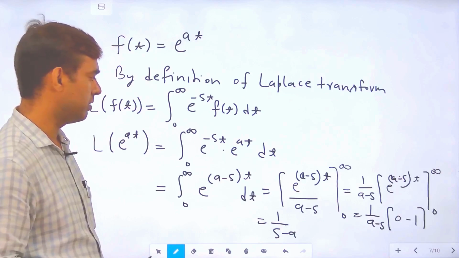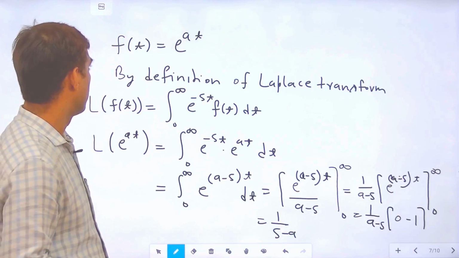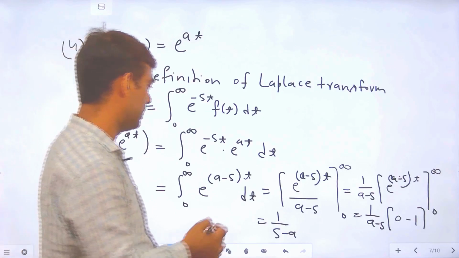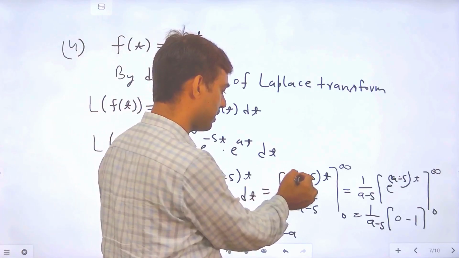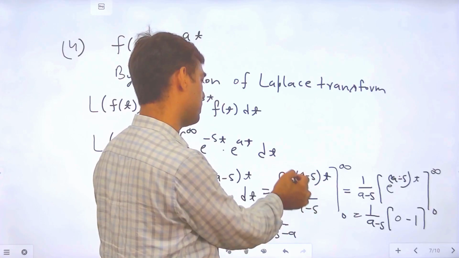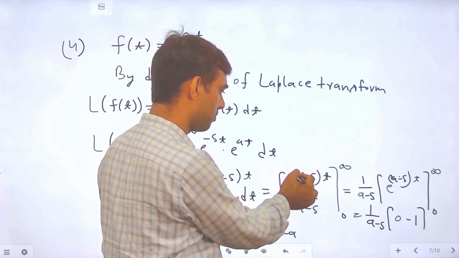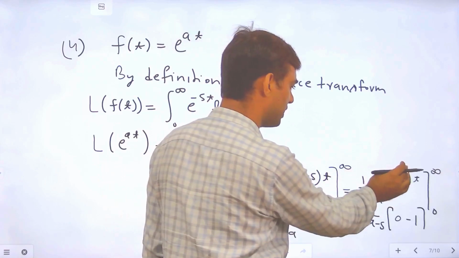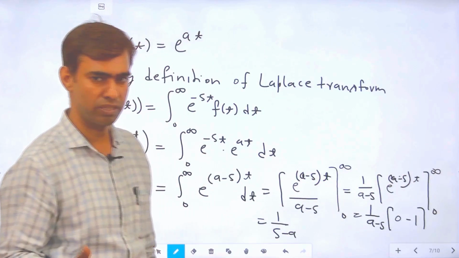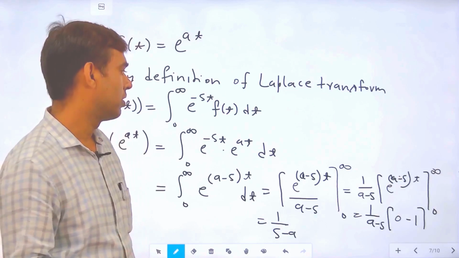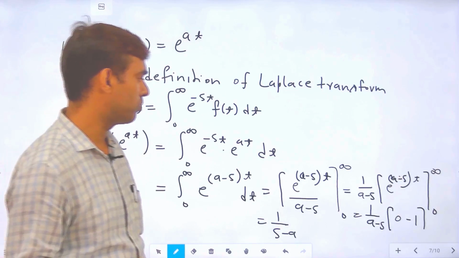So this is the Laplace transform of e to the power at. You may also write it as minus of (s minus a) times e to the power minus (s minus a)t. The term e to the power minus infinity becomes 1 upon e to the power infinity, and 1 upon infinity becomes 0. So 0 minus 1, because e to the power 0 becomes 1.